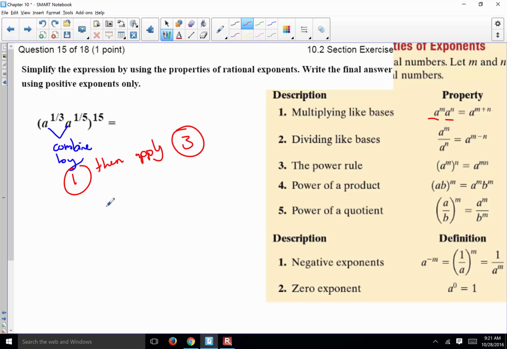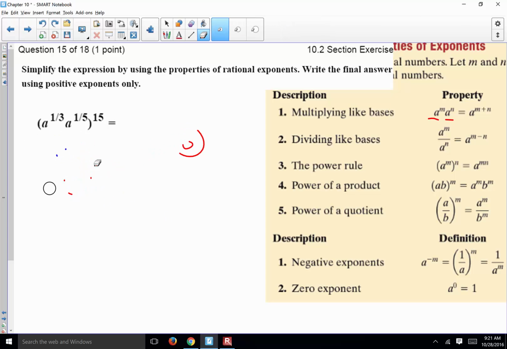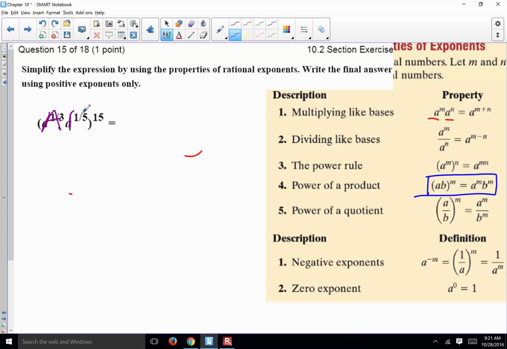Or you can do that, or what else can I do? Try to use a new rule. How about this? Can I do this here? Can I? Just think of this as giant A and giant B. Just ignore their powers.